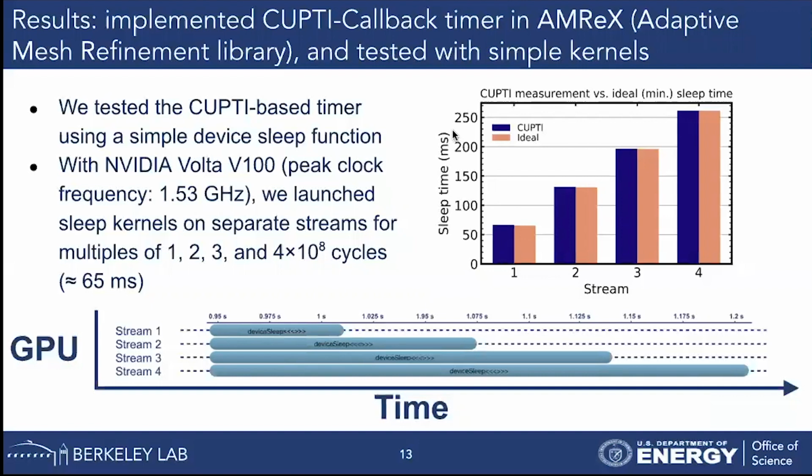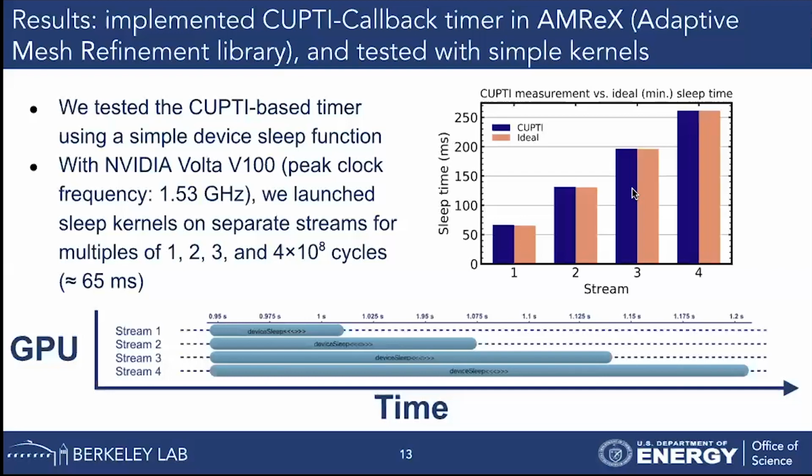And this is what you see in this plot in the upper right. We have 4 streams, and we're requesting different sleep times. Ideally, the requested sleep time is shown in red. And then what we measure with CUPTI is shown by the blue bar. So there is a little bit of overhead with CUPTI.